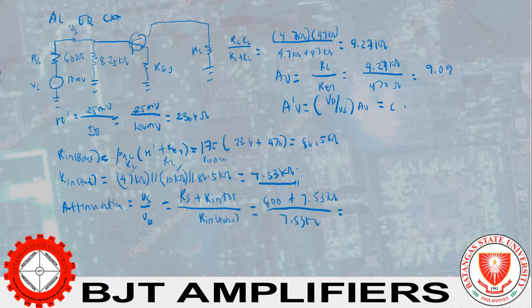Tama, kukuha natin dyan is 1.08. Okay? So, ang BB over BS natin is 1 over 1.08. Yan. Times natin kay AV na 9.09.